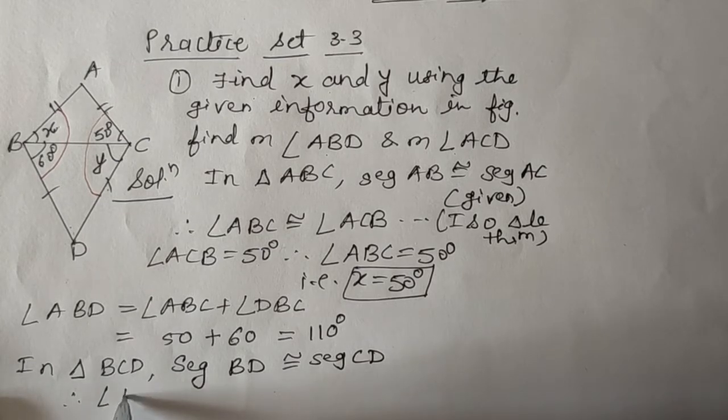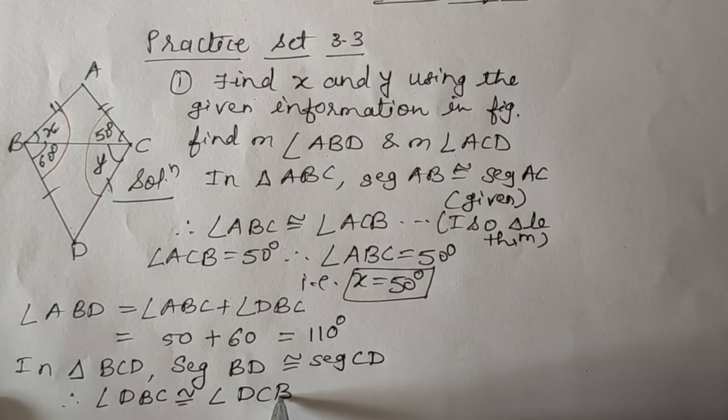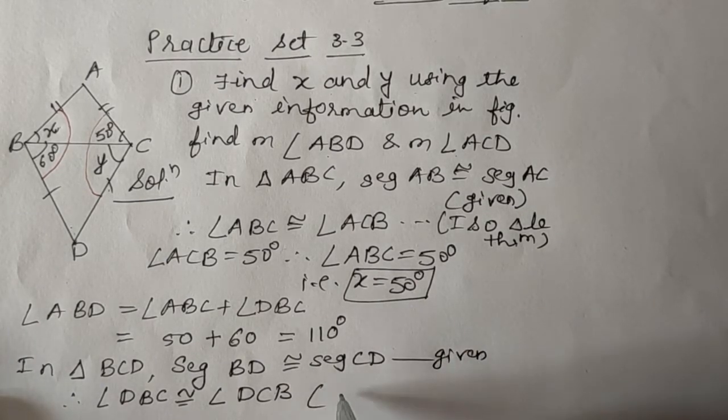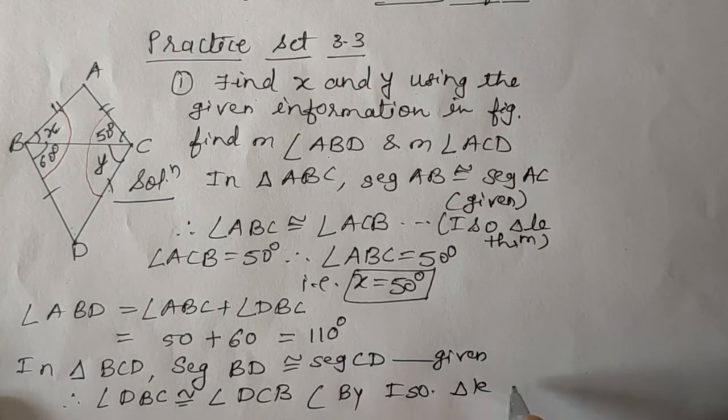Angle DBC is congruent to angle DCB. This is given, and here we write, by the isosceles triangle theorem.